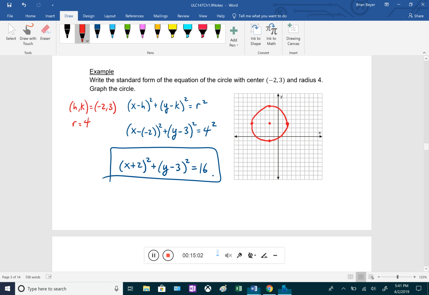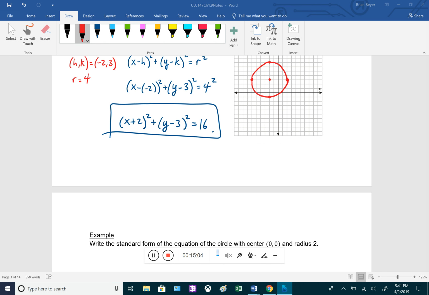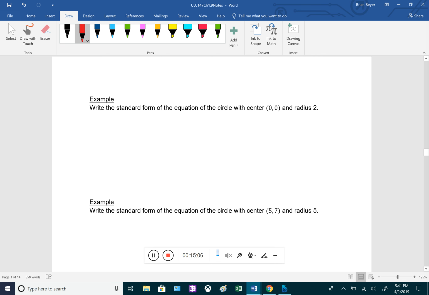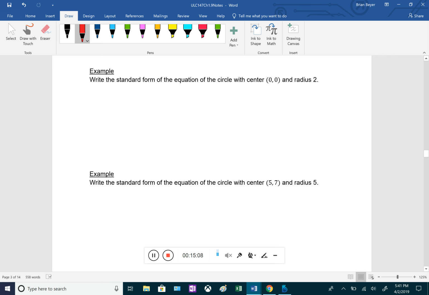Okay, for the next one, write the standard form of a circle with center 0, 0 and radius 2. So the standard form for the equation of a circle, (x minus h) squared plus (y minus k) squared equals r squared. So the center of the circle here is going to be 0, 0.